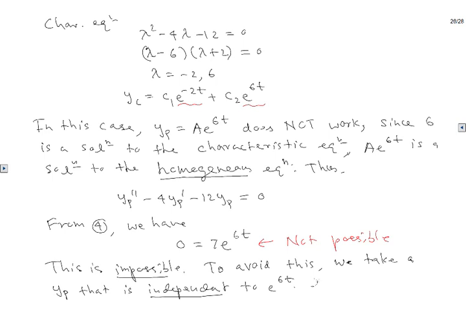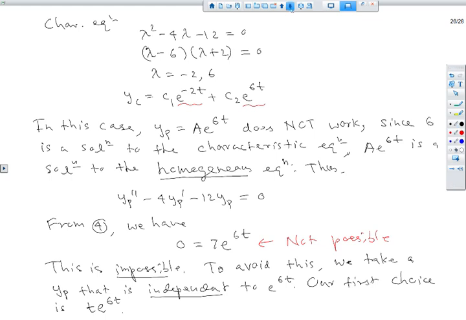So our first choice is t times e to the 6t. We're going to put an extra a in front. You simply multiply by an extra t term, and that's going to solve the problem.